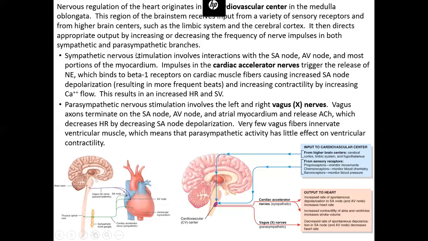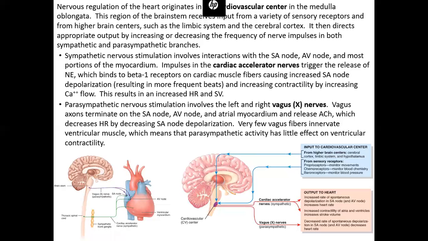Now, sympathetic nervous stimulation, what we're showing off here in this illustration, involves signals coming out to not only our SA node, the AV node as well, but also the ventricular myocardium by way of nerves that we literally call cardiac accelerator nerves.